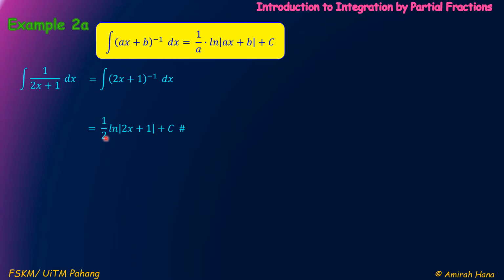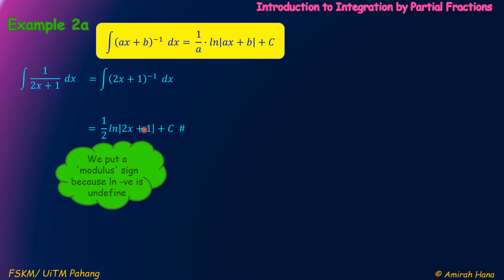After we integrate, there is no more integration sign, and we have ln modulus 2x + 1, plus c. This is the final answer when we integrate this function using this formula.